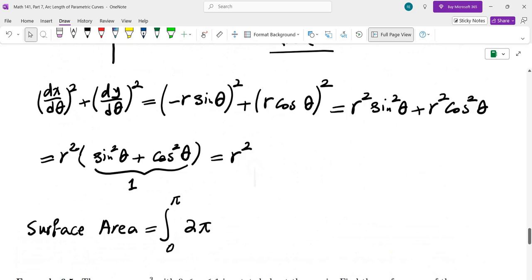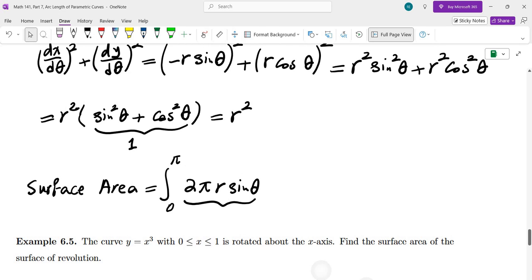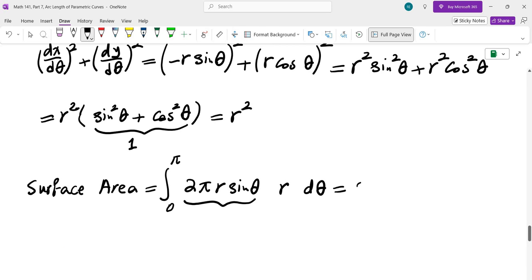The radius is y, which is r sin θ. This is the circumference. Then we take the square root of r², which is r, and then dθ. Some of these are constants, so we can take them out of the integral. We get 2π r² times the integral from 0 to π of sin θ dθ.